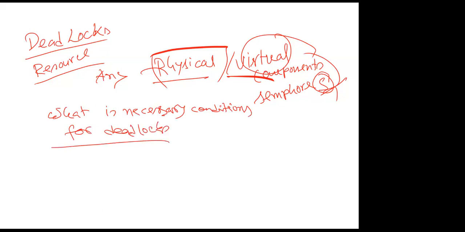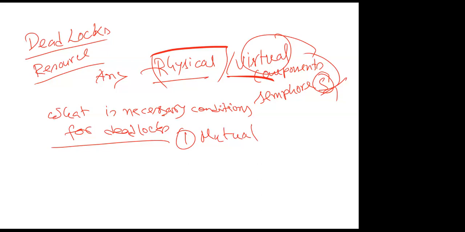There are four necessary conditions for deadlock. If one of them is missing, then deadlock cannot happen. Four things are needed for a deadlock to occur.